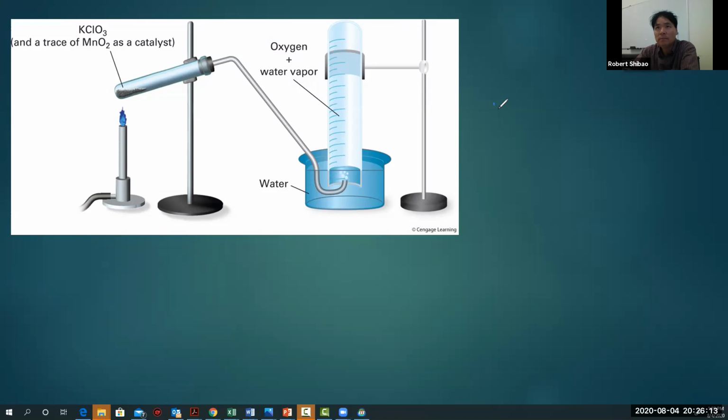They just help the reaction along. And so we could put it up here, there's a catalyst to speed it up. In this case, the catalyst is MnO2, manganese 4 oxide.